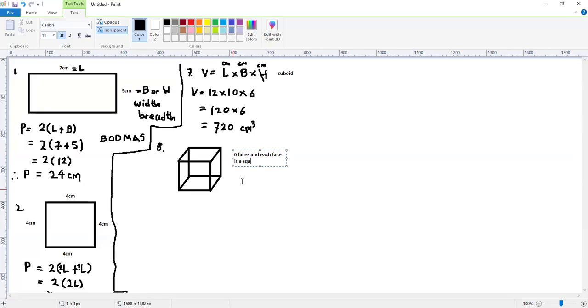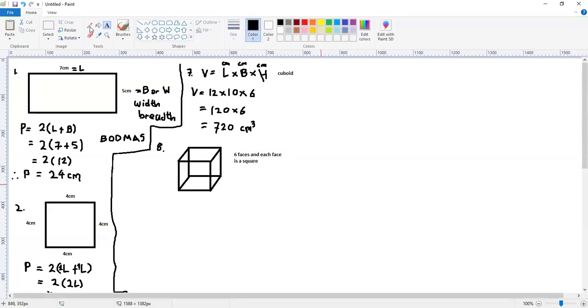So what that means is that the surface area of this cube is going to be the area of one of those squares times 6. Do you agree with that? Mm-hmm.